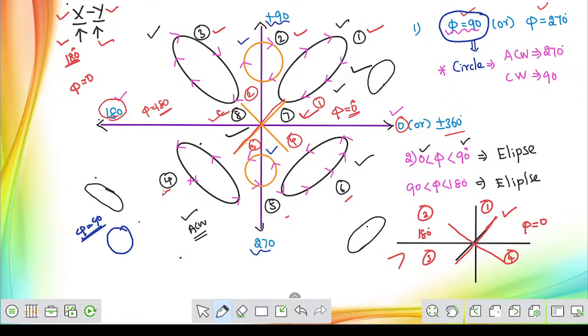I have drawn a circle here at 90 degree, and that circle will start rotating in the clockwise direction. If the phase angle difference between the two signals passed through the X and Y channel is 90 degree, then you can observe a circle on the CRO screen and it will start rotating in the clockwise direction.